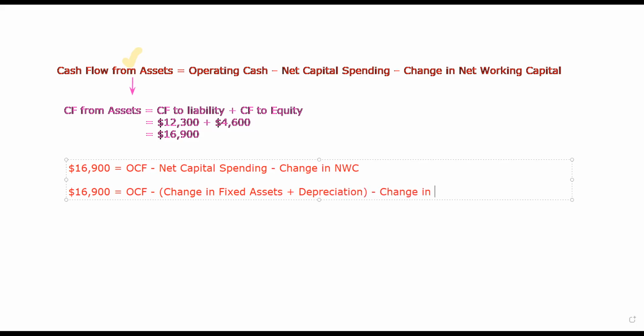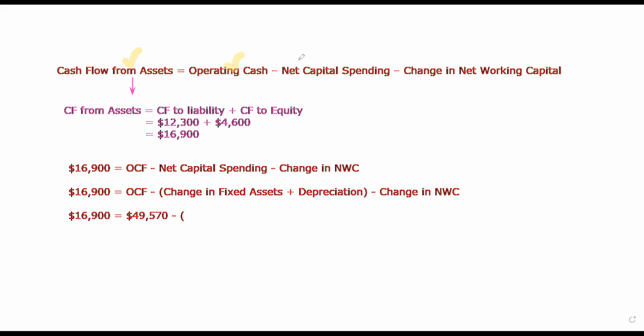Do you realize that we have all these values right now? We can calculate one by one already. 16,900, I got it ready. And how much is my OCF? We go back to question A, 49,570. Change in the operating cash flow, we got it ready.